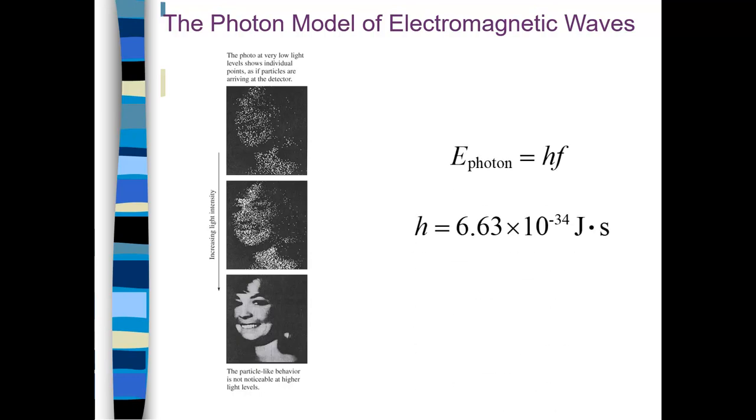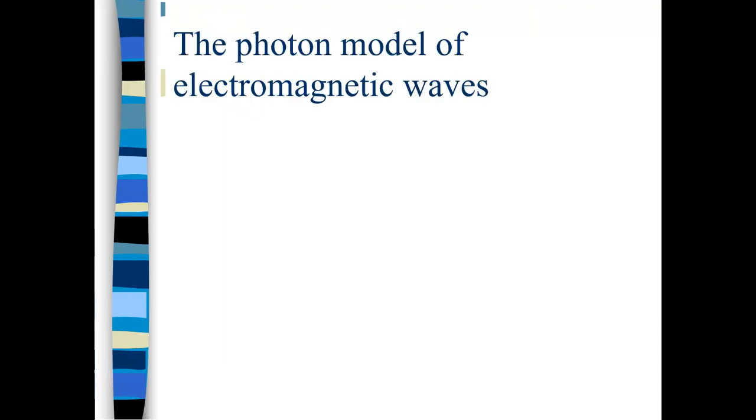The energy of a photon, an individual packet of light, is equal to Planck's constant times the frequency. Planck's constant is 6.63 times 10 to the negative 34th joule seconds. If we multiply that by frequency, which is in inverse seconds, that will give us the energy in joules.